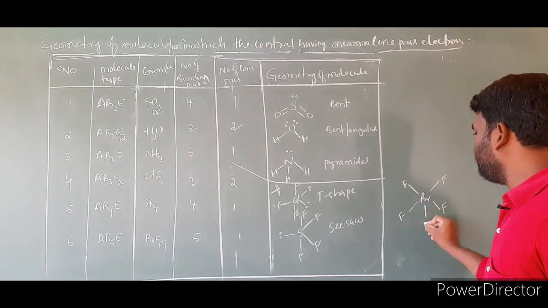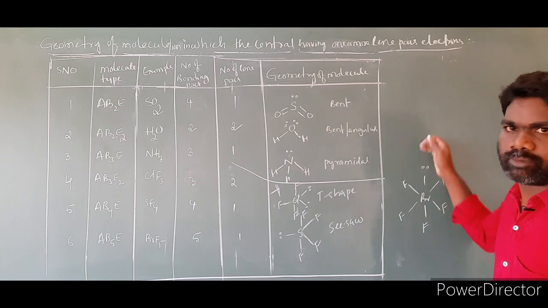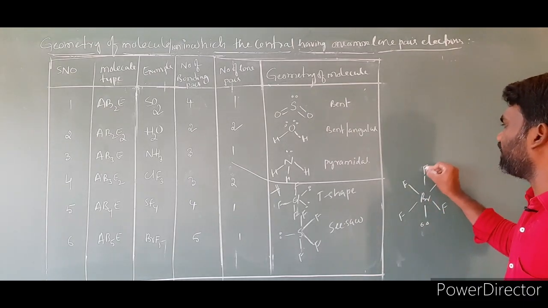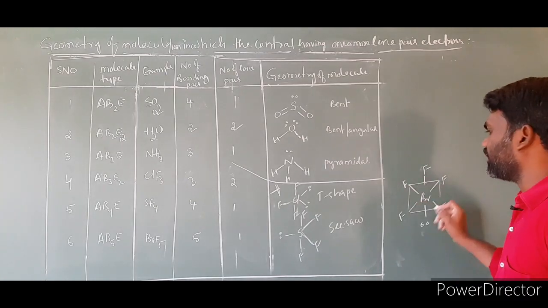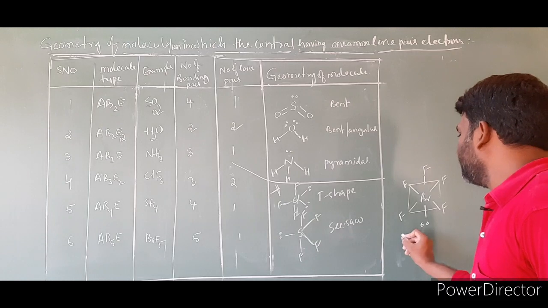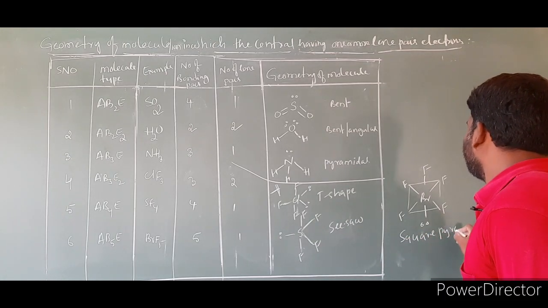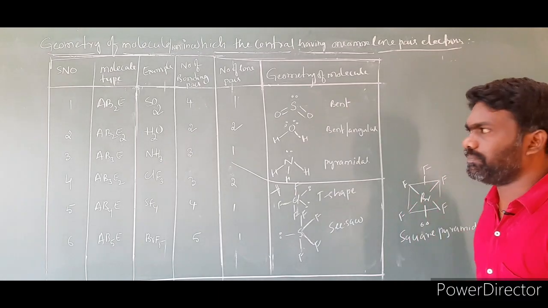So 1 bond pair I am showing at the bottom, and another lone pair I am taking at the top. You can show it the opposite way also: lone pair here, bond pair here. Nothing wrong, you can take it like that. This is the structure of this molecule. The shape of this molecule is a square pyramid.